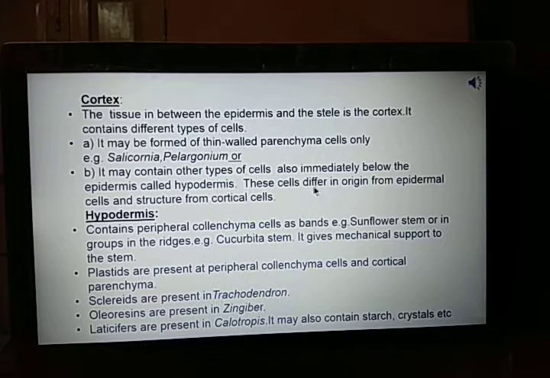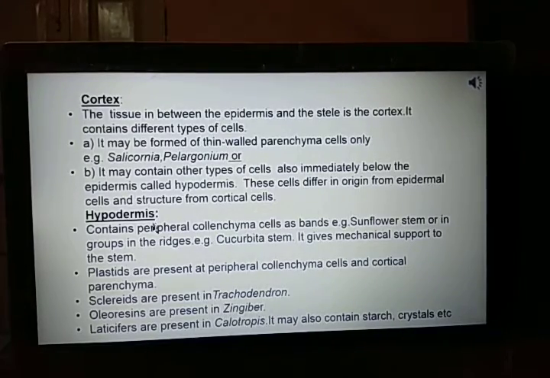Now these cells which are present in the hypodermis differ in origin from the epidermal cells and in structure from the cortical cells. So now we'll discuss the hypodermis.